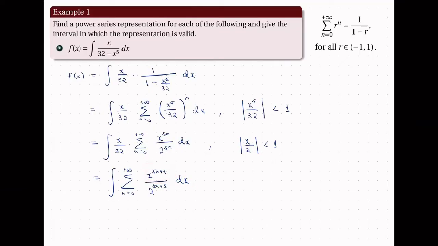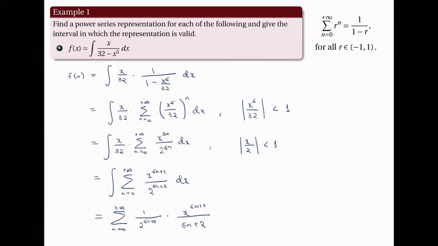Okay? So we have the summation from n equals 0 to positive infinity of 1 over 2 raised to 5n plus 5. Ihiwalay muna natin yung walang x para hindi confusing. And then, integrate natin yung terms na may x. So we have x raised to 5n plus 2 over 5n plus 2. Okay?